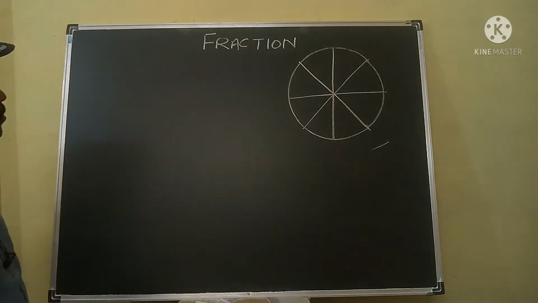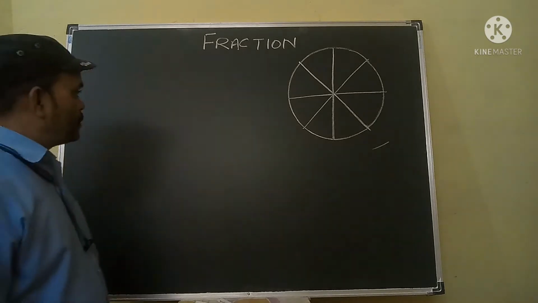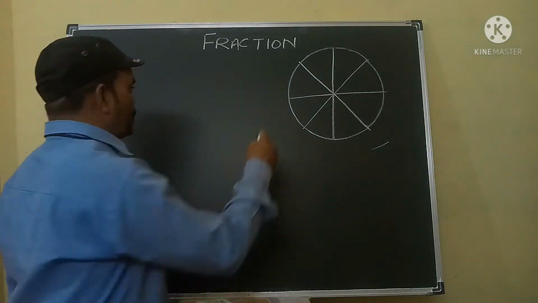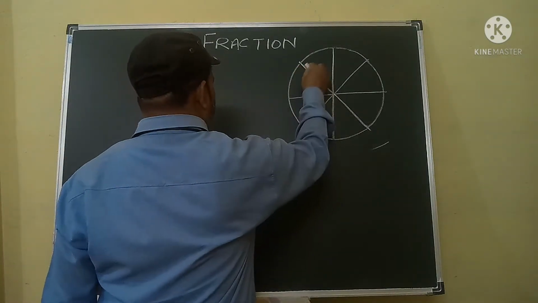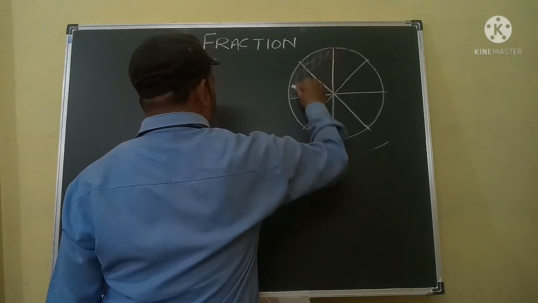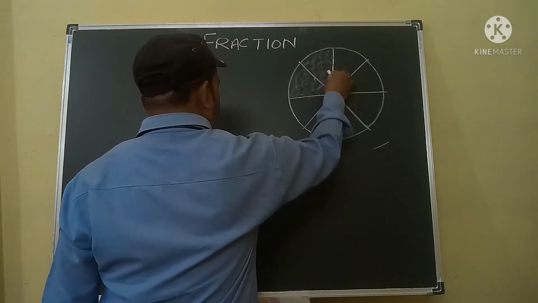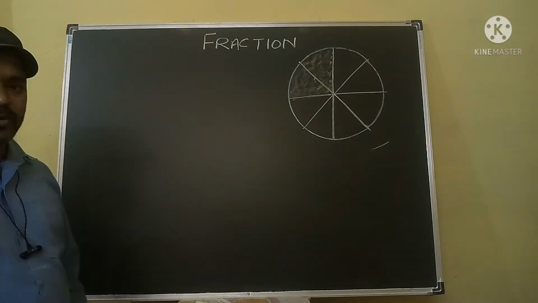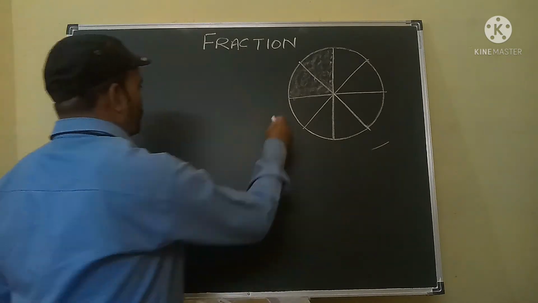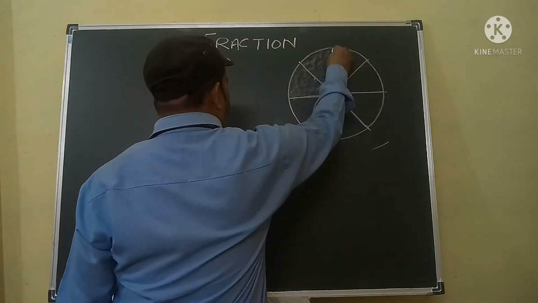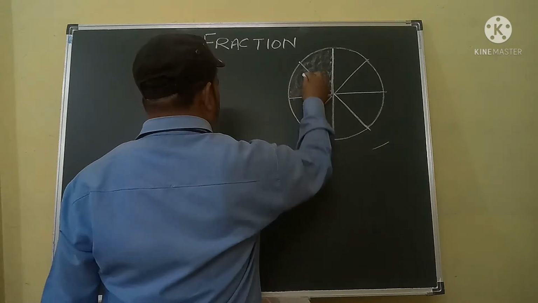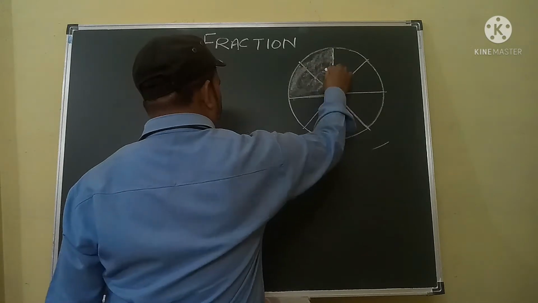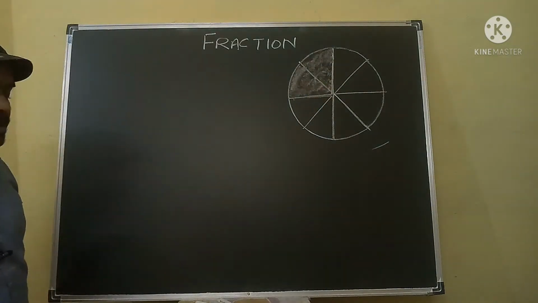Okay. Now look here. Suppose in these 8 blocks only 2 blocks are shaded. As you are looking, out of these 8 blocks only 2 blocks are shaded.